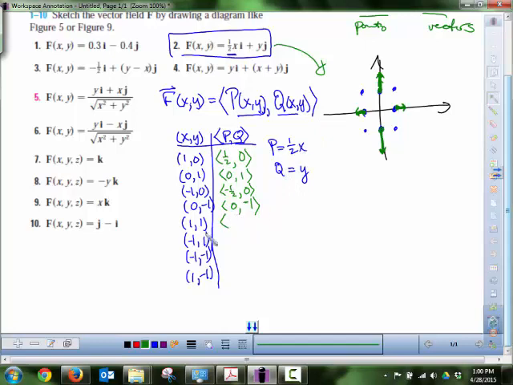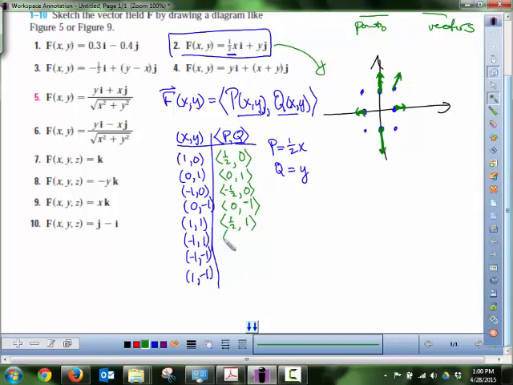All right, this time I have my P, where X is equal to 1 and Y is equal to 1. There's no Y in P, so I'm just going to have a 1/2 there. And then my Q is Y, so that's Y is equal to 1. So for this point, I have a 1/2, comma 1. Okay.